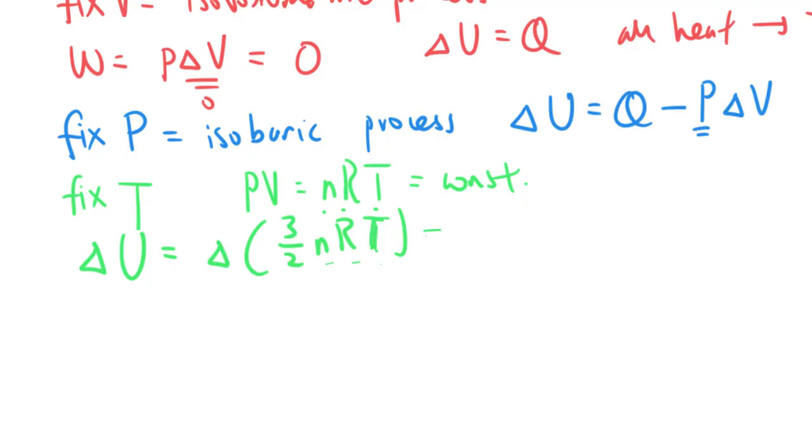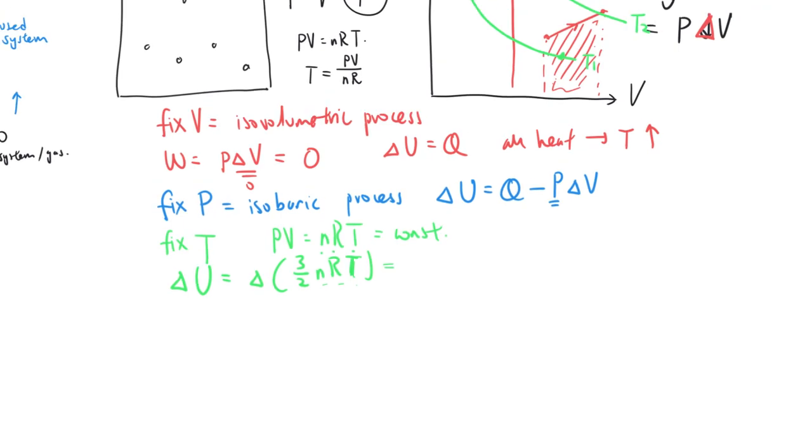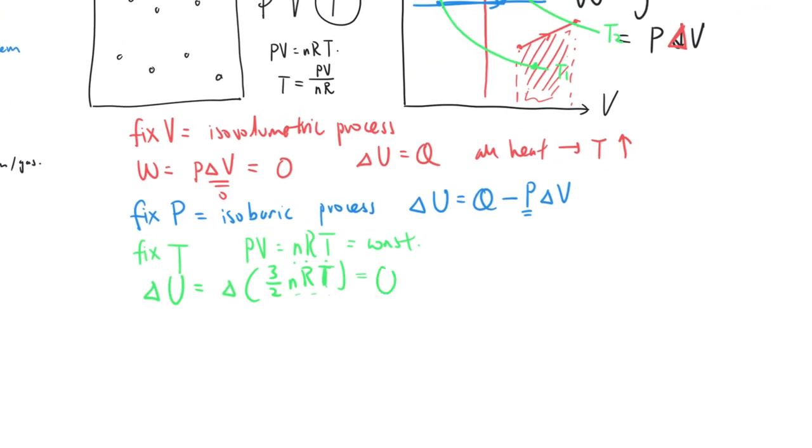Basically, it's the same reasoning. So delta U is equal to 0, essentially. There is no change in internal energy because the temperature does not change. And this should be equal to Q minus W, which means that Q is equal to W.